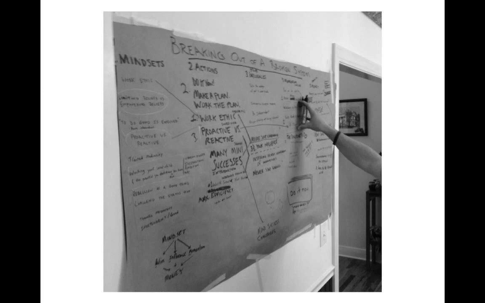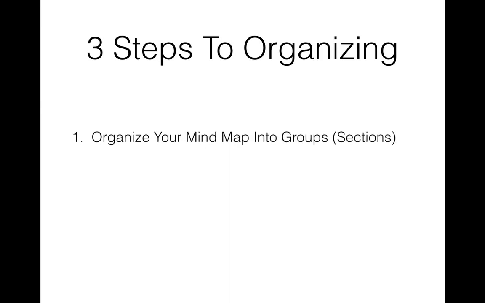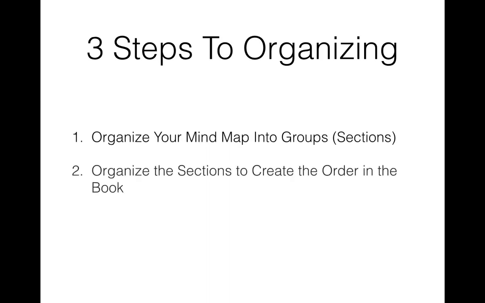That's really what this process is all about: taking that big, jumbled mess of a mind map, where you've just gotten all of your ideas out of your head and onto paper, and starting to organize them in a way that you're going to be able to easily write your book. It's going to be a little bit difficult at first, but just start doing it. Organize it into groups or sections.